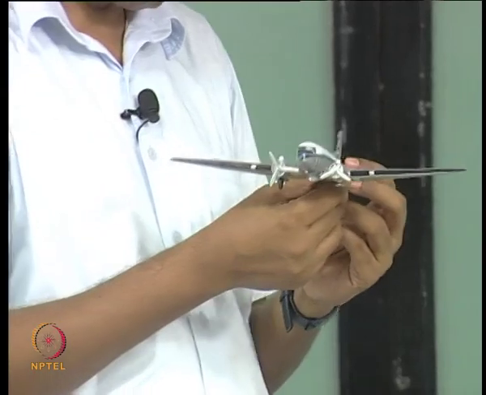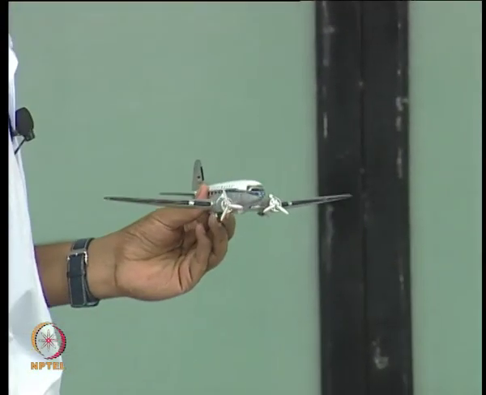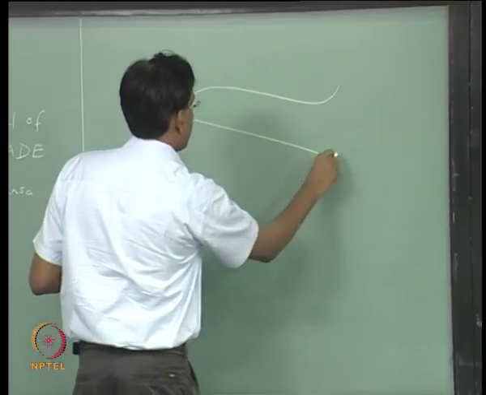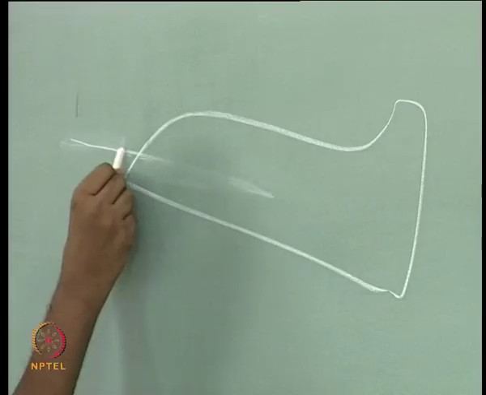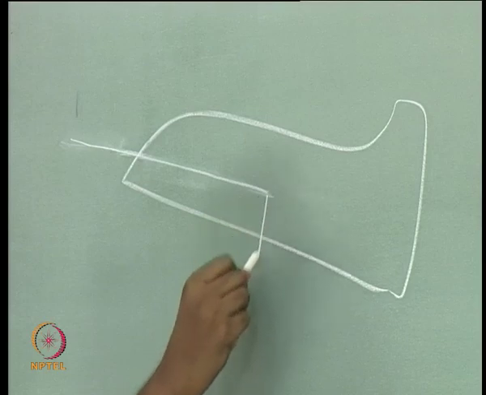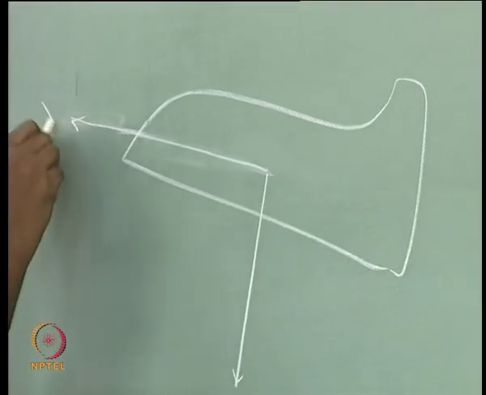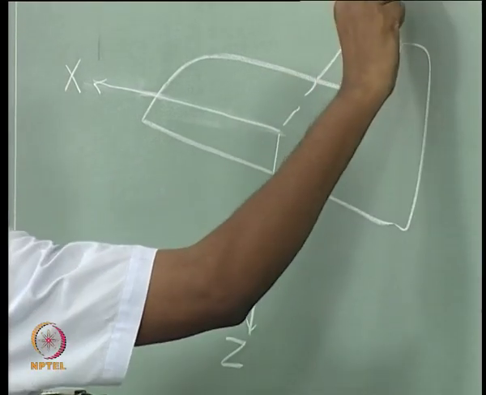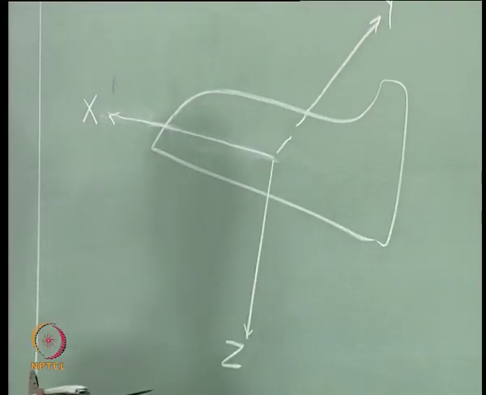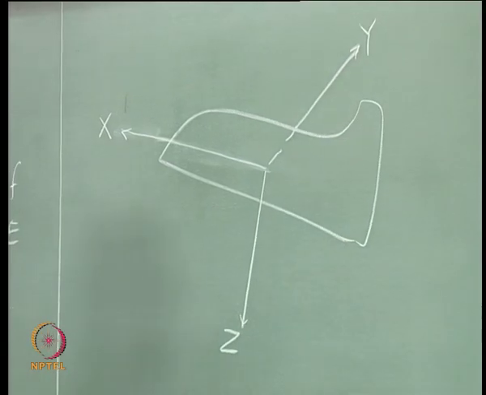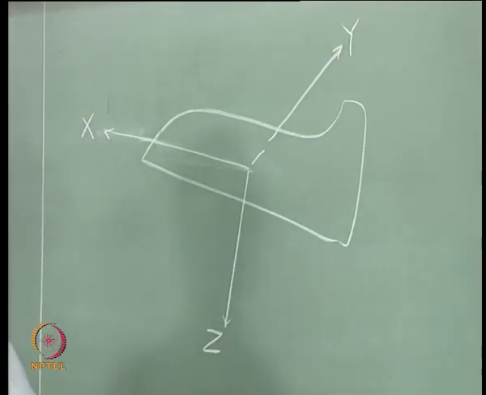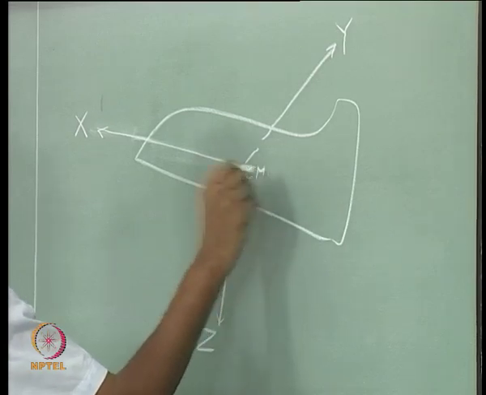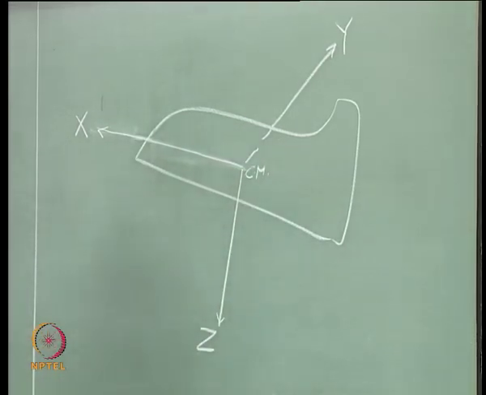So, we defined an axis system. If you remember, yesterday we defined an axis system to the aircraft, X, Y and Z, with the origin fixed at the center of gravity or the center of mass of the aircraft.